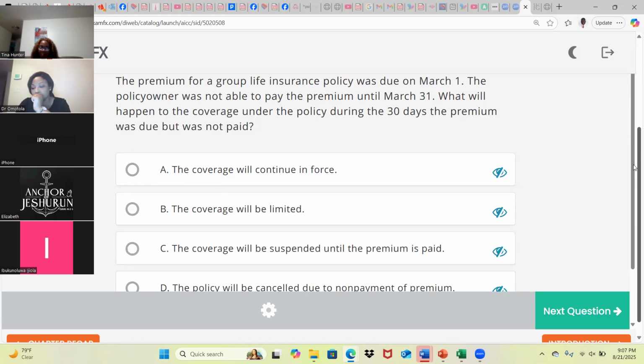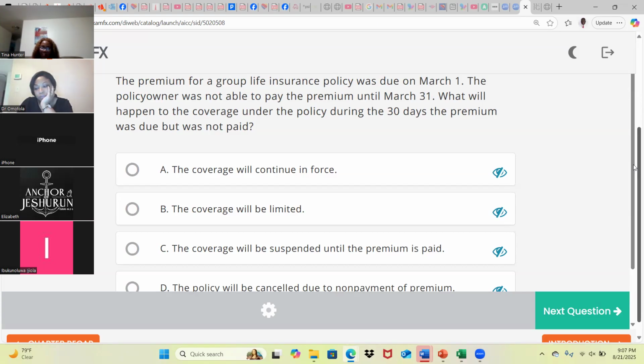During the 30 days, the premium was due but was not paid. A, coverage will continue in force. B, the coverage will be limited. C, the coverage will be suspended until the premium is paid. D, the policy will be canceled due to non-payment of premium.